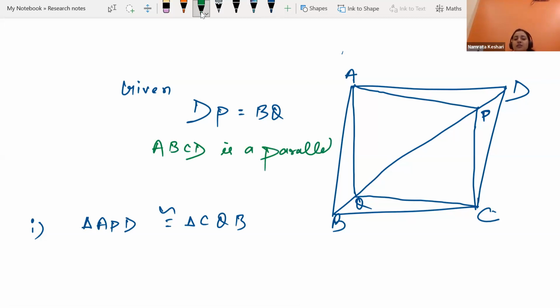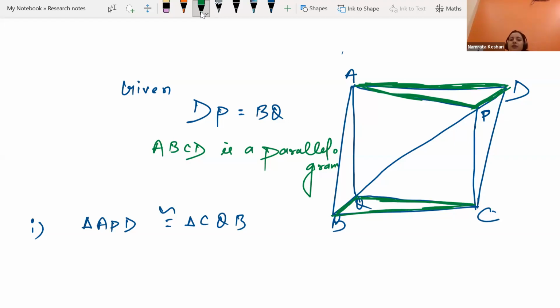See, this question is very simple. That's why I had given this to you. Can you see triangle APD and triangle CQB? We are talking about these two triangles.